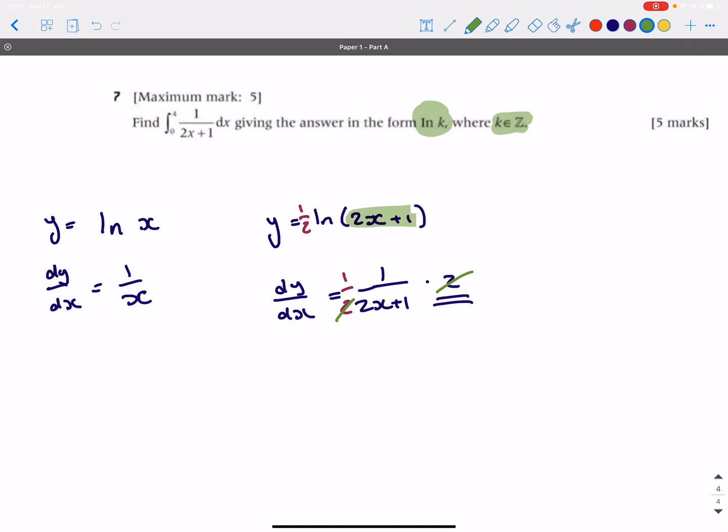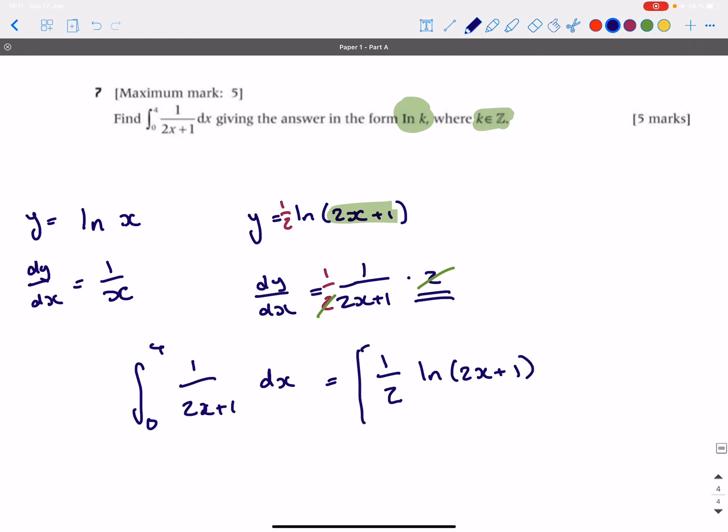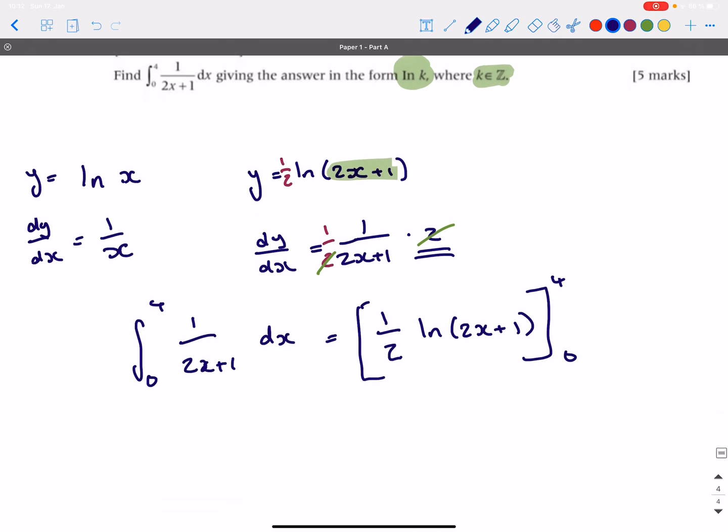So what that means for us is when I am integrating between 0 and 4, 1 over 2x plus 1 dx, that is going to integrate to a half natural log of 2x plus 1. And this is a definite integral, so I don't need to write my plus c, but I do need square brackets around it and to put my upper bound and lower bound on the right-hand side of those square brackets.